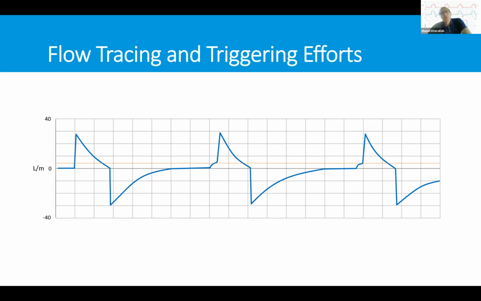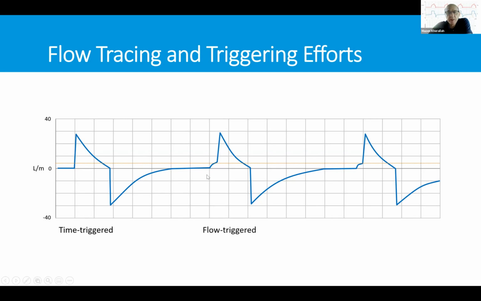And you can also determine triggering efforts of the patient. So you can see that the first one here, you don't see any initial rise in the flow. The dotted line is the trigger level. And this breath is time triggered, meaning that time has elapsed and the patient did not initiate any triggering, and then the machine gave the breath.